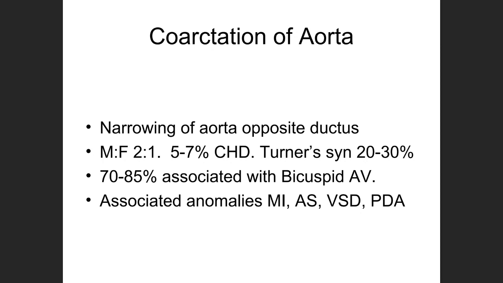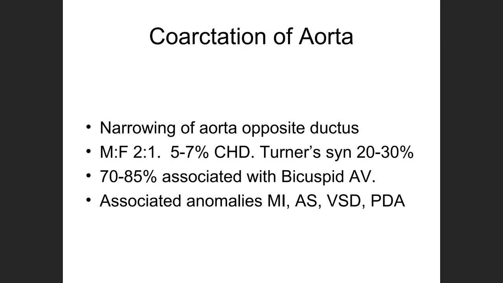70 to 85% of the patients with coarctation of the aorta will have bicuspid aortic valves. This is a condition which we're not going to discuss very much in pediatrics, although, as I mentioned on the last occasion, it is in fact the commonest acyanotic congenital heart disease.